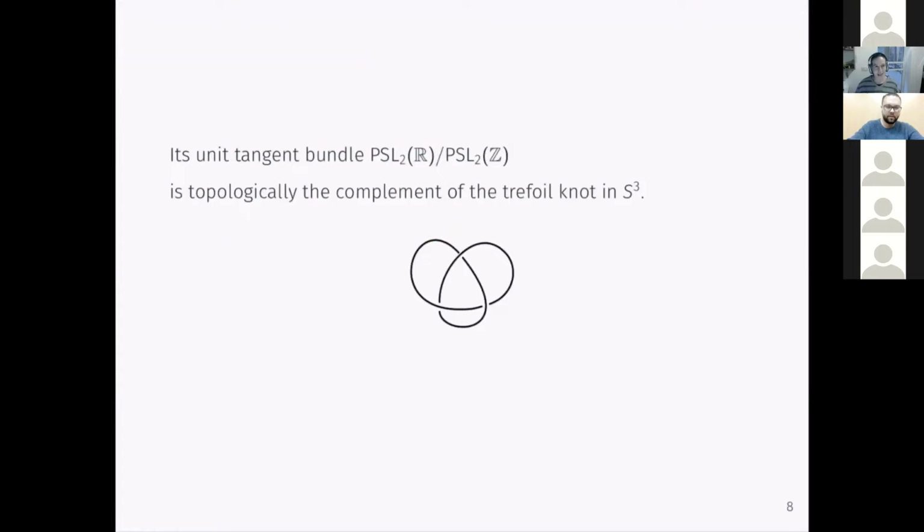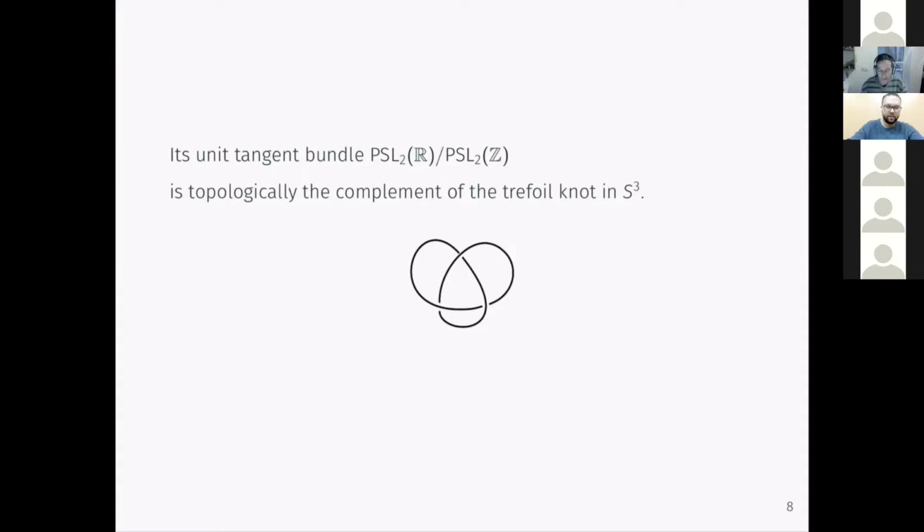This fact is due to Anosov. The flow is defined on the unit tangent bundle, the space of points on the surface together with a direction at any point. Usually this unit tangent bundle is a complicated 3-manifold and we don't know so much about it, but specifically for the modular surface, the unit tangent bundle is embedded in S3, and it is exactly the complement of a knot called the trefoil knot.